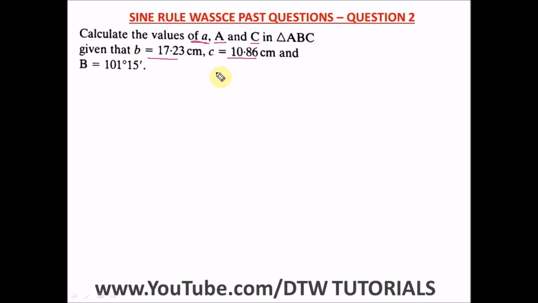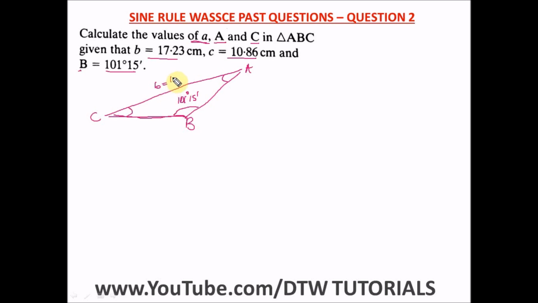So first of all, you draw your triangle. You can see this is also an obtuse angle triangle. So we draw, it should be a straight line. So we have 101 degree 15 minutes, bracket. So this is B. Let's make this A and let's make this C. It's giving us small b, you see the way I'm drawing and labeling this triangle, please do the same.